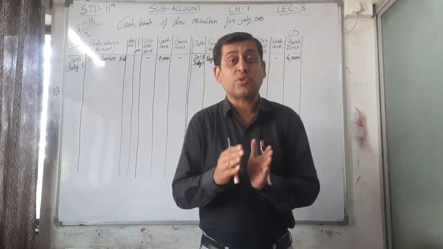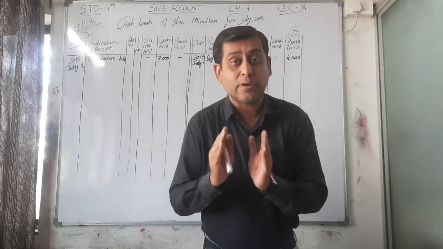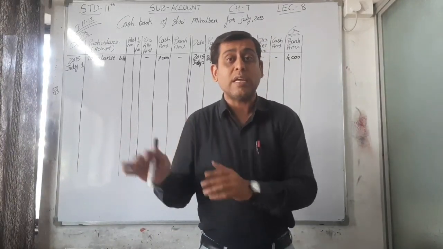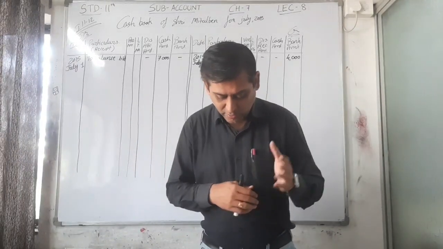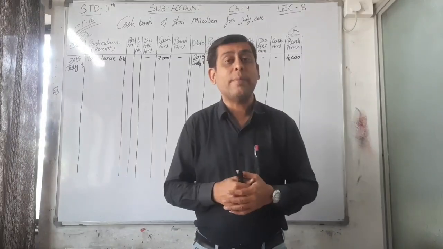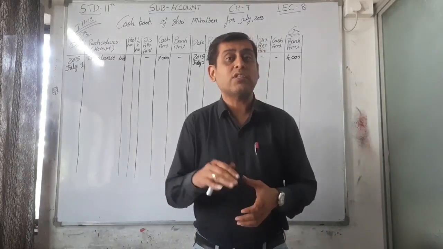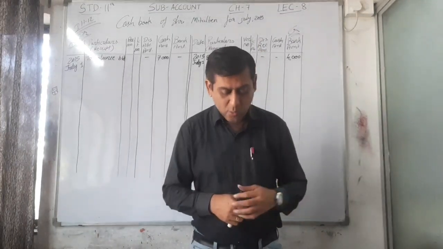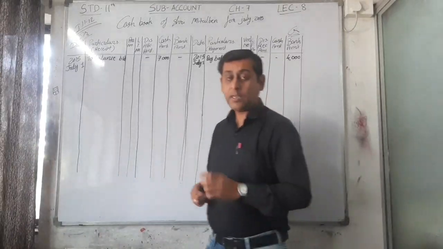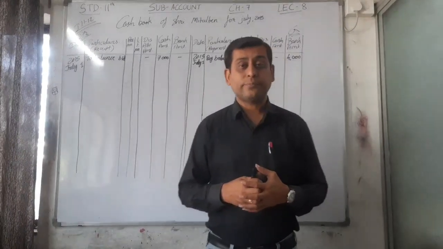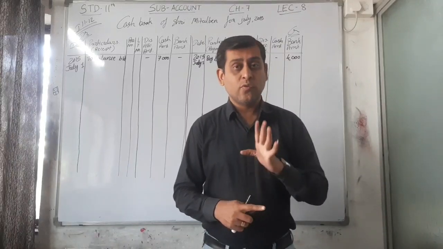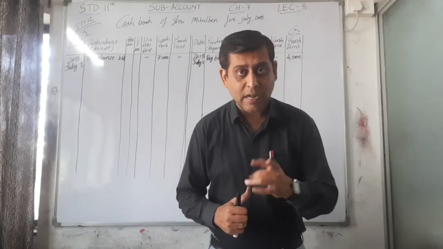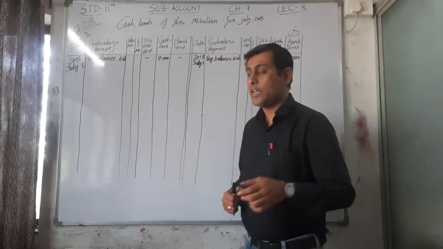Khushali is an extra personal account and we have to ignore it. Bank is the receiver, so bank account debit, and we are selling goods, so to sales account, the amount is 4,000. So first write down the journal entry: bank account debit to sales account 4,000. Write it down in your fair book as a working note.